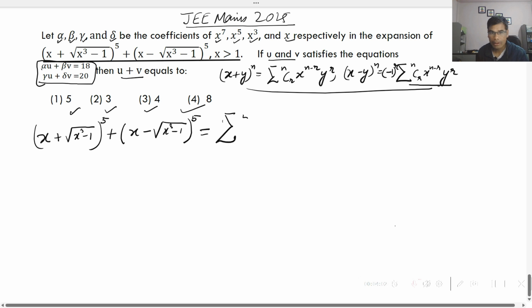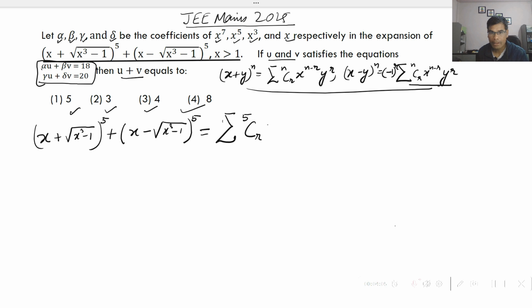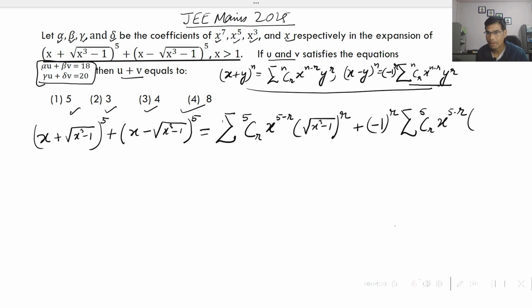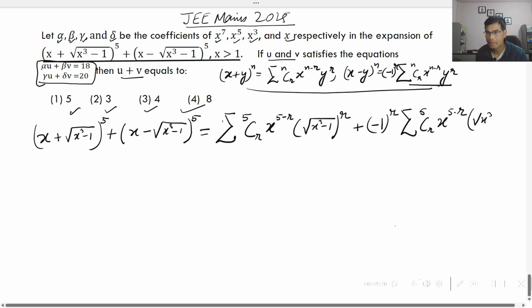summation of, now n here is 5, so 5Cr, x which is x itself, raised to the power 5 minus r, then y, your y here is square root of x cubed minus 1 to the power r. Then the second one is minus 1 whole thing raised to the power r, then summation of 5Cr x to the power 5 minus r, then y which is square root of x cubed minus 1, raised to the power r.